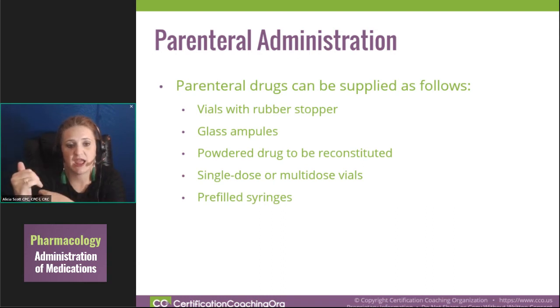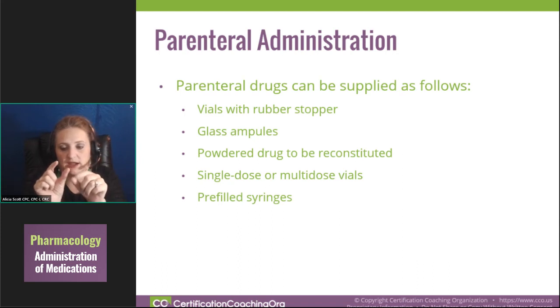You have ampules. Now, for the most part, vials are glass, but not always. There are some that are plastic. Glass ampules look like a little tube with a little knob on top, and you snap that off, and then you can draw up the syringe. There are some that are powder, and you have to reconstitute them.